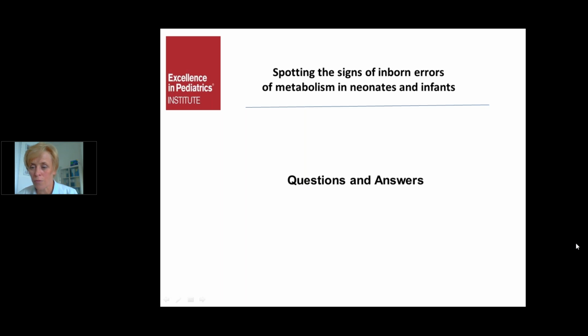So first of all, if you are in a center where tandem MS is available, and if you have any doubts about the condition, what we do is call immediately our colleagues in Warsaw, telling them, hey, listen, we have a child at the age of 4 days, and this child is suspicious for us. Can you tell us what the results of this child's MS screening are?